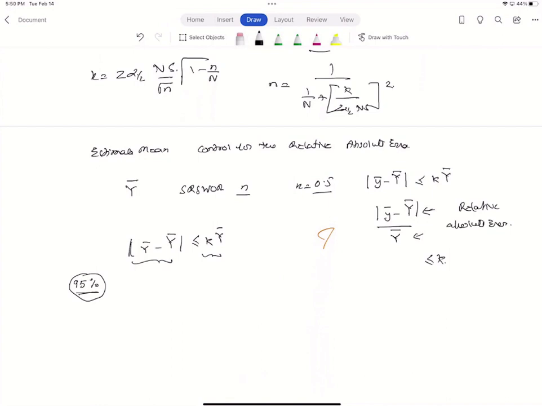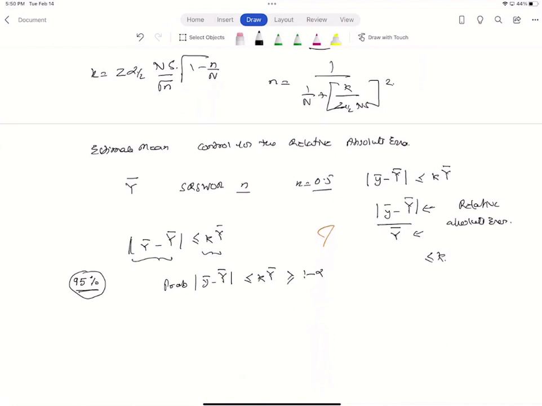So that is 1 minus alpha. So the probability that y bar minus Y is less than k Y is more than 1 minus alpha, which is basically 95%, or it can be 99 or anything, but it's a confidence limit. So the probability that the absolute error is less than a certain limit is more than 95%.